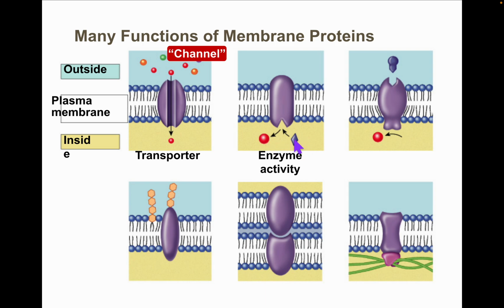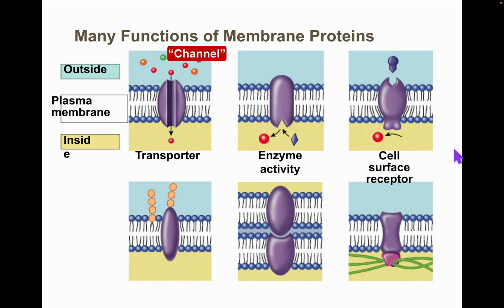So you have a substrate come fit, and then the reaction occurs, and the product is off to go do its own thing. And so this membrane protein, this transmembrane protein, is able to facilitate certain reactions that are extremely important, especially when we get talking about cell signaling.